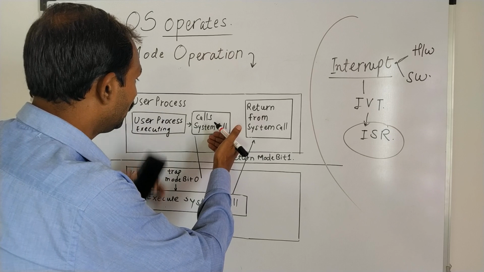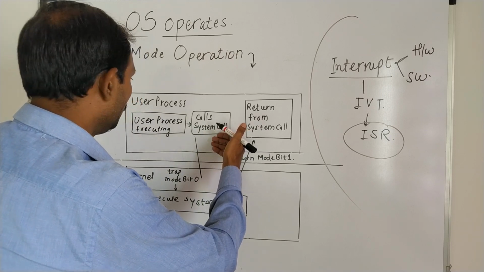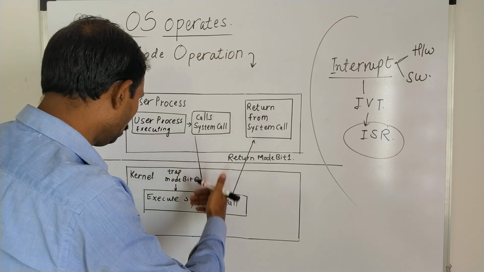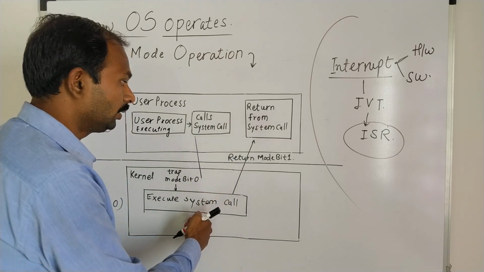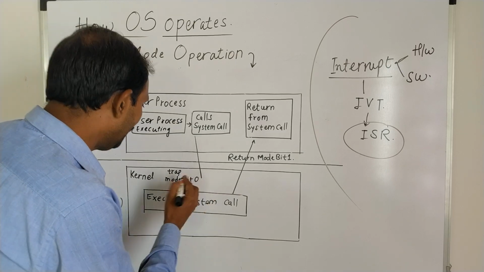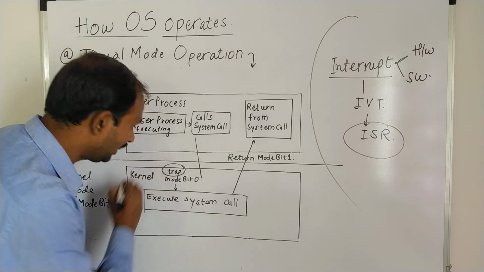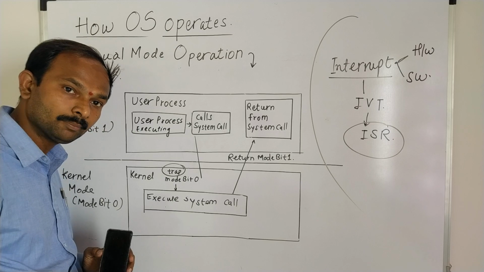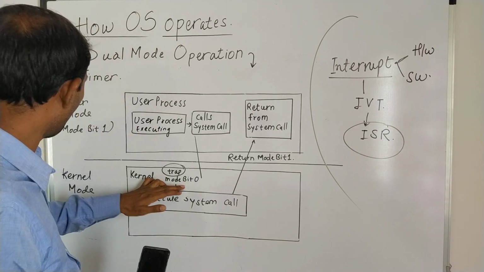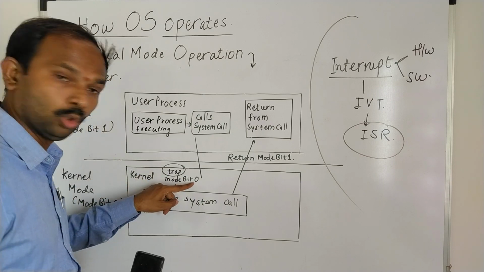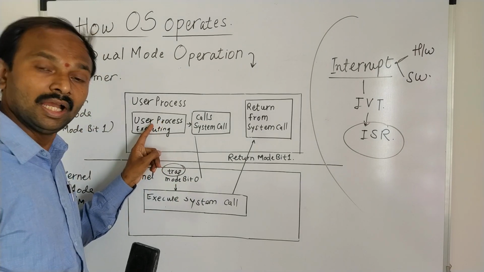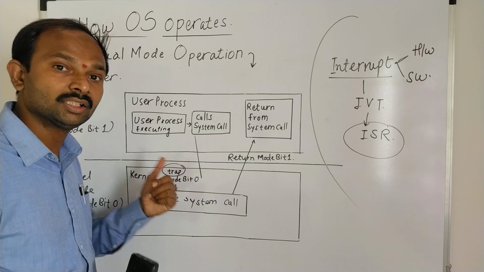Once it calls the system call, the user process now goes to the kernel mode. Whenever it goes to kernel mode, there is a kind of interrupt, a trap interrupt, which happens, and the mode bit is converted from 1 to 0, because in the user process the mode bit is 1 and in the kernel process the mode bit is 0.